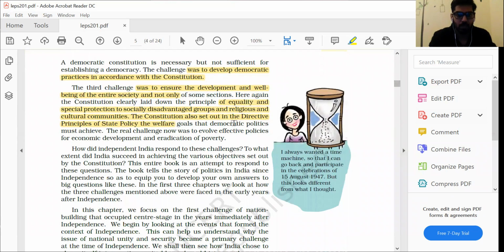Now, the real challenge was to evolve effective policies. So directives are like this: the state must do. Now, the state has to make policies, make laws according to those directives. That again was a real challenge, because initially things were very complex. Illiteracy was there, too much of illiteracy, too much of ignorance was there.